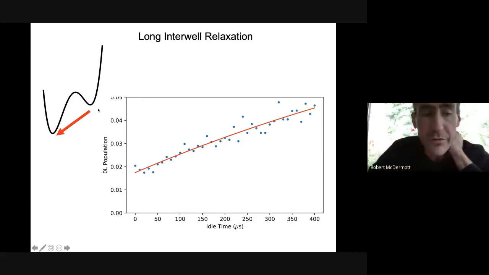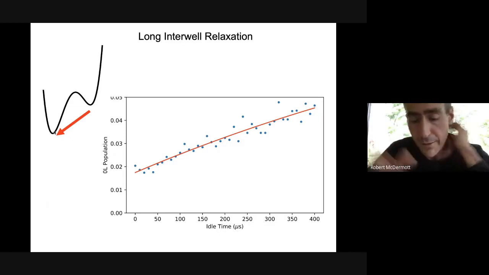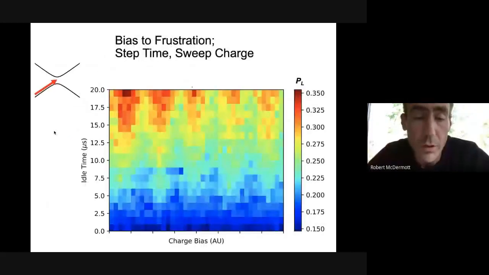And the system will relax over very, very long time scales, well in excess of a millisecond. So that type of protection against dissipation is one of the ingredients for a protected qubit. Of course, it's by no means all that we need, but certainly we get that protection by having these wave functions that are well localized in the left and right wells.